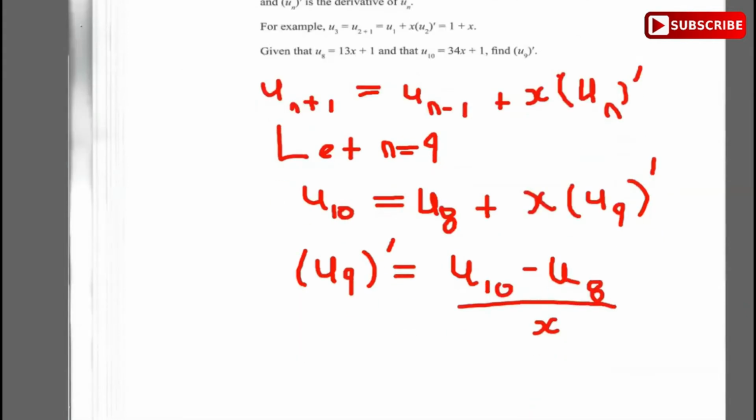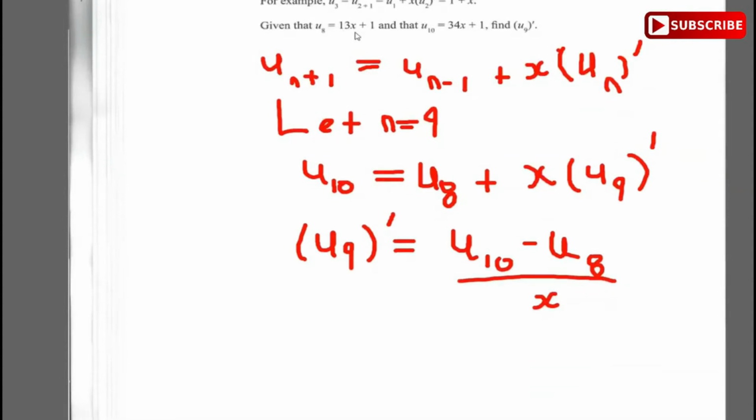Looking at it, u8 is 13x plus 1, and u10 is 34x plus 1. So u9 prime will be equal to u10, which is 34x plus 1, minus u8, which is 13x plus 1, and that's being divided by x.